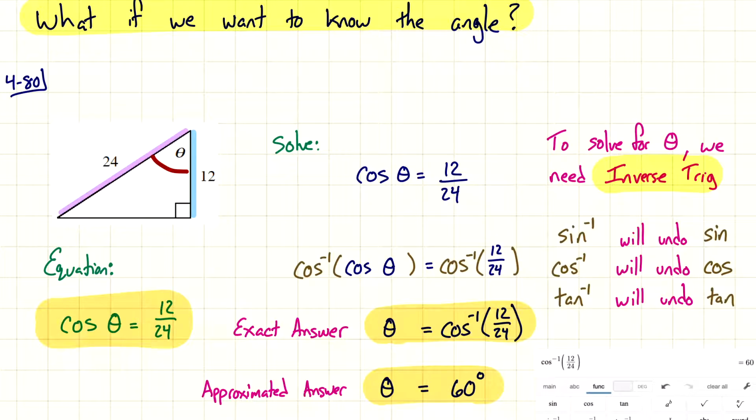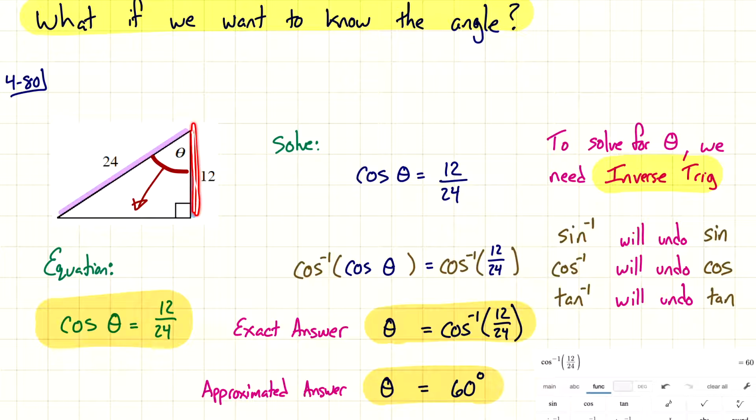All right, so the first thing I want to do, just like we would normally do with our trig ratios, is determine which one to use: sine, cosine, or tangent. So I identify the pieces I have. If I go across from the angle, this would be the opposite, and there's nothing here for opposite.